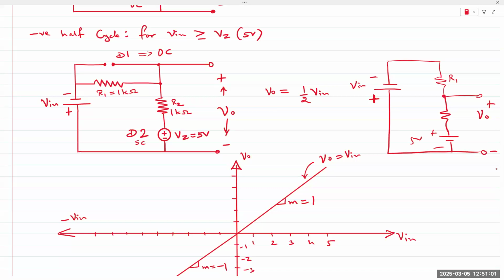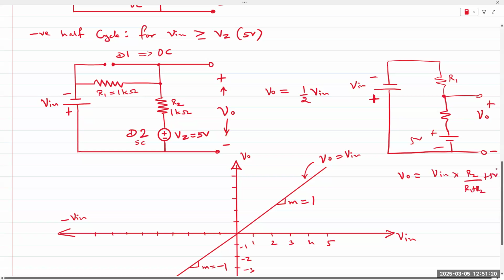Maybe did I make a mistake in taking my V out? No, V out is still across the zener. So it'd be V in times R2 over R1 plus R2, plus 5 volts. I'll have to take a look at this again. I was pretty certain I had it solved.